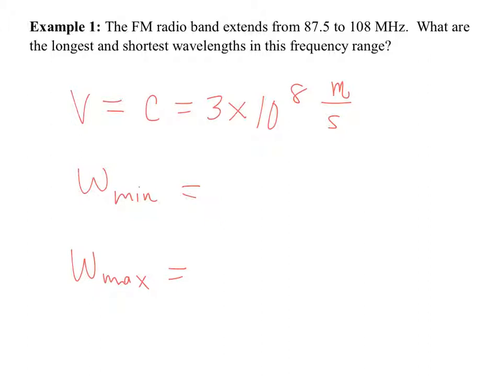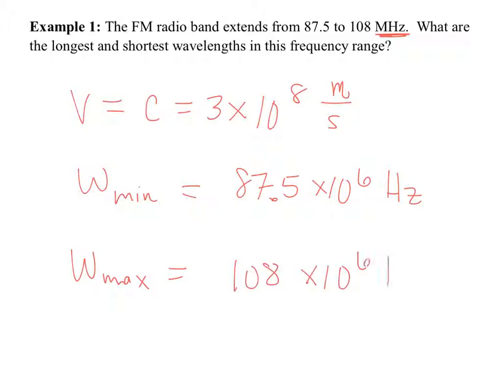The minimum frequency is 87.5. Now mega means times 10 to the 6 hertz. Both units are megahertz. The largest frequency is 108 megahertz. That's our minimum and maximum frequency for the FM radio band.